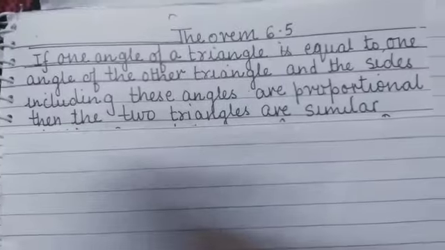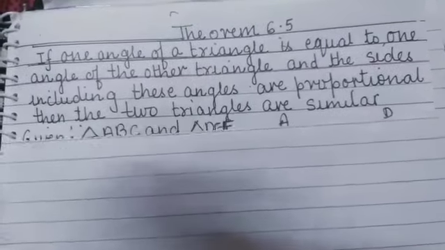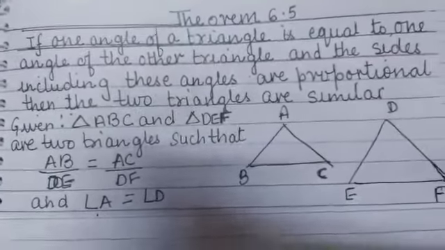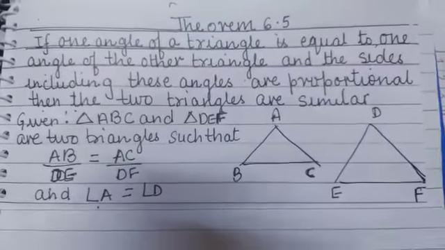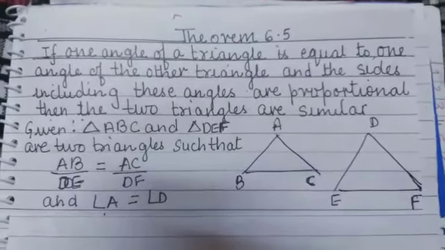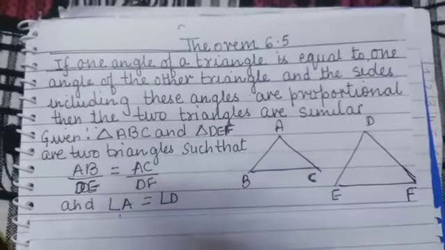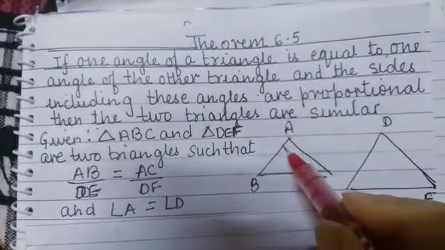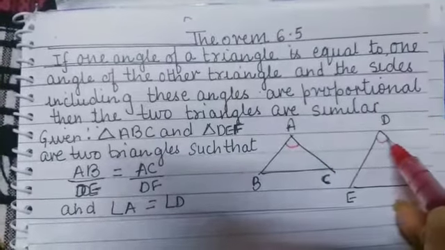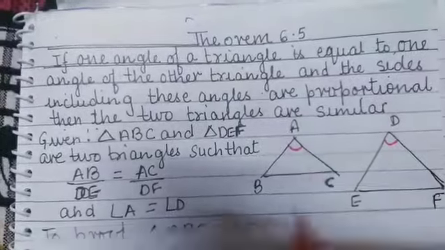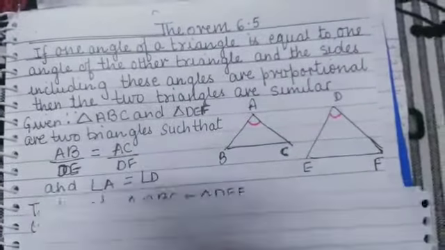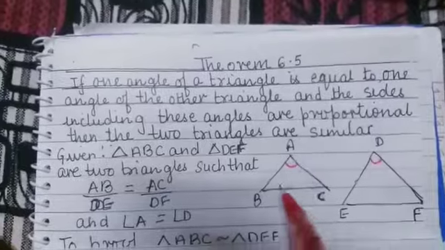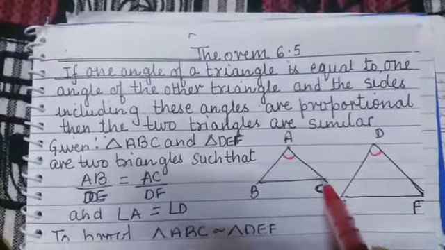Right. So what is given to us here? That there are two triangles ABC and triangle DEF such that angle A and angle D are equal. It is given to us that angle A and angle D are equal and the sides including them.